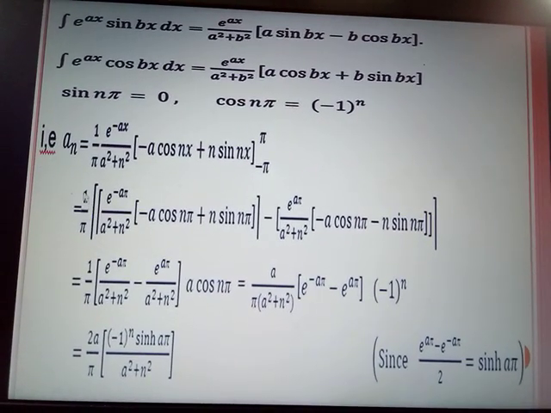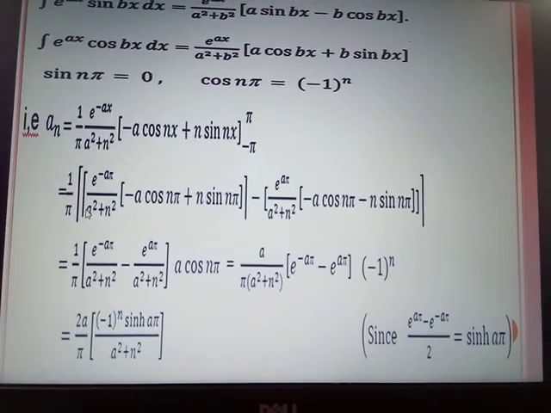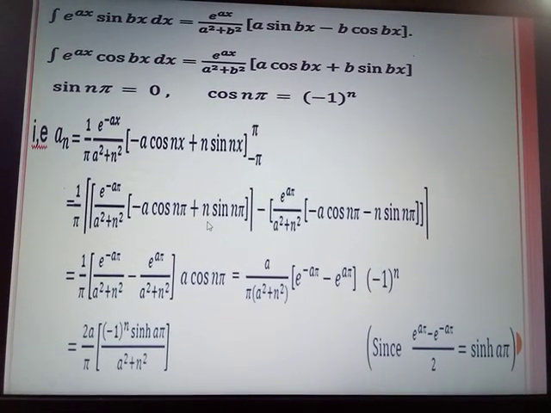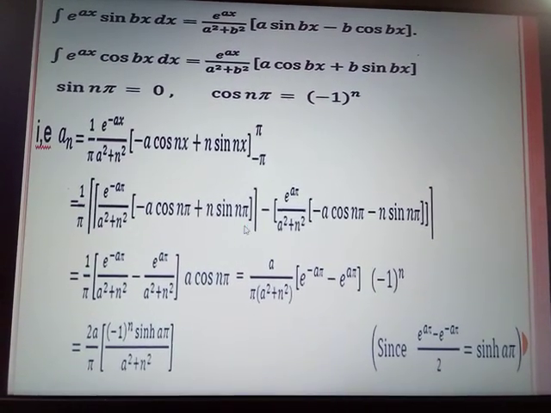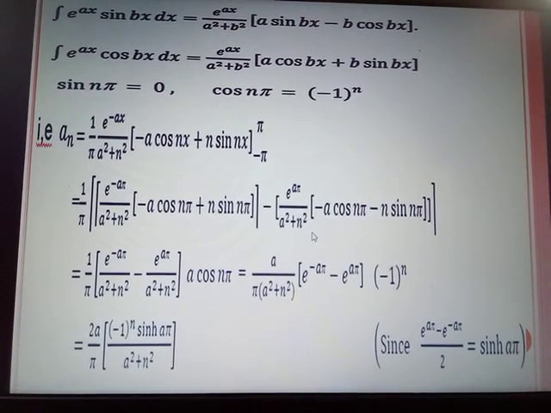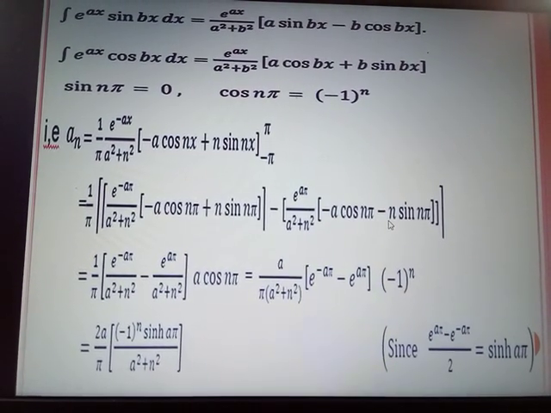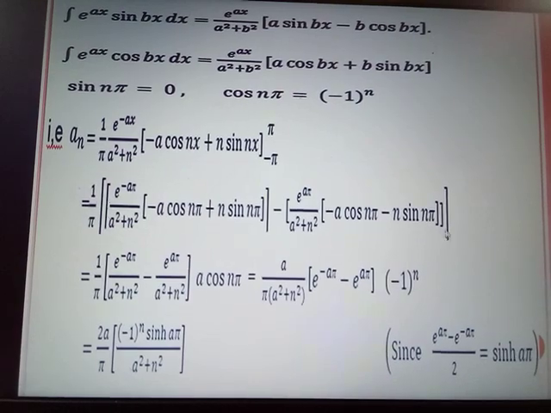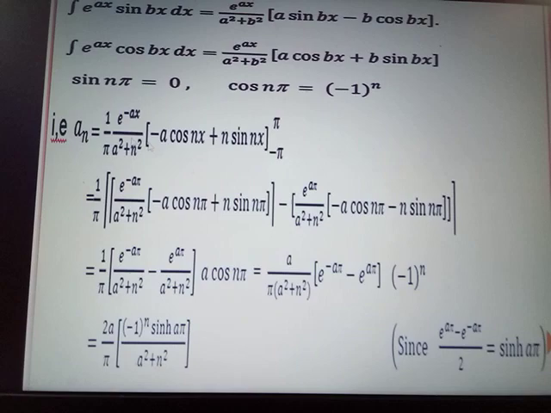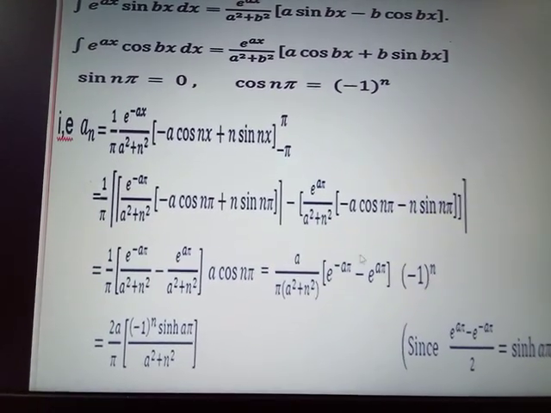Apply the limits, we get 1/π into e^(-aπ) divided by (a² + n²) into (-a cos nπ + n sin nπ), then minus e^(aπ) divided by (a² + n²) into (-a cos nπ - n sin nπ). First we apply the upper limit to this term, next minus the lower limit to this term.